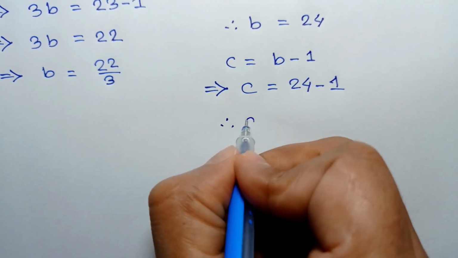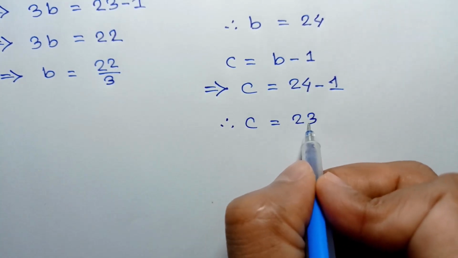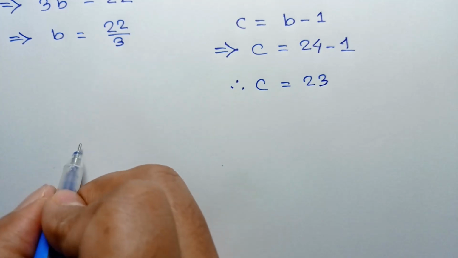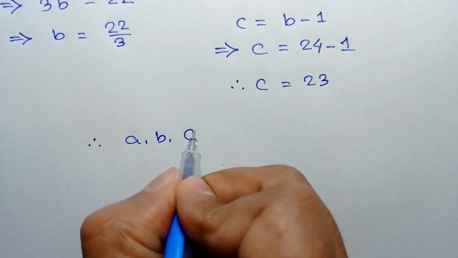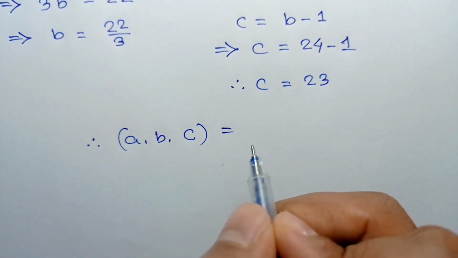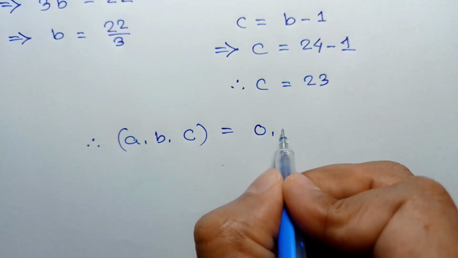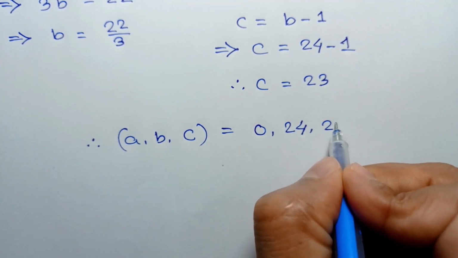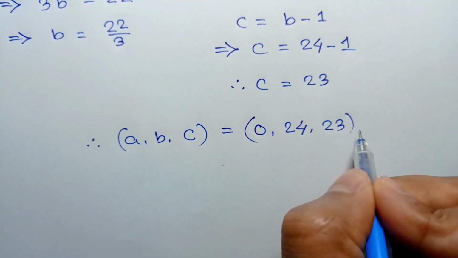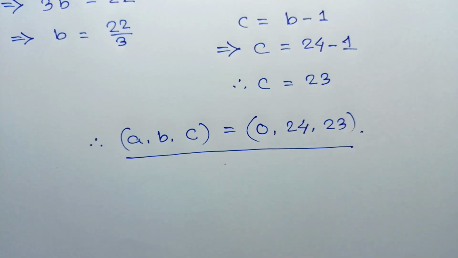So the value of C is 24 minus 1, which is 23. So the values of A, B and C are: A is equal to 0, B is equal to 24 and C is equal to 23. So this is the only integer solution of these equations.